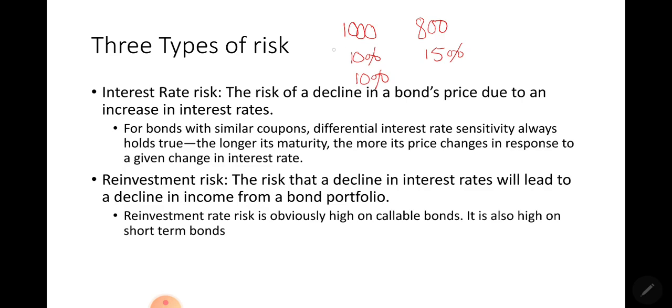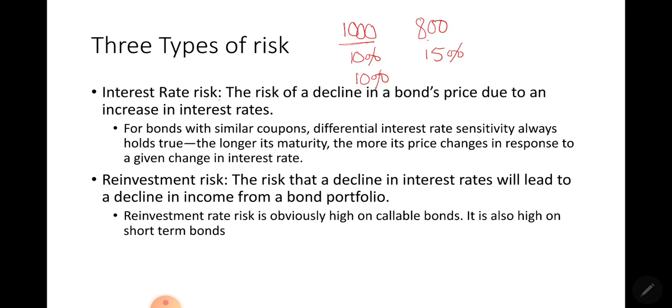So the investor who had purchased the bond for 1000, now his investment has a value of only 800. His wealth has decreased because the investment's value has decreased with time. Thus, instead of getting the higher 15% rate, the investor is stuck with the 10% interest rate. So this is the interest rate risk.